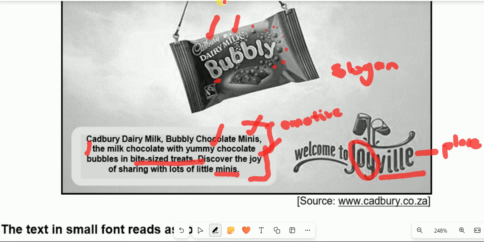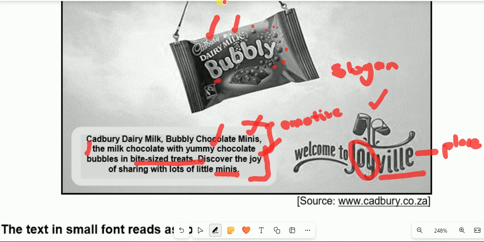This is a technique that is used by an advertiser. Ask yourself this question: what are the ingredients that are used for a chocolate? I've already indicated that it's milk. So this is milk and chocolate pouring into the slogan, and the slogan says welcome to Joyville. So you ask yourself, why welcome to Joyville? It means that by having a bit of this chocolate, one will be transported to Joyville, where you'll feel joyful.